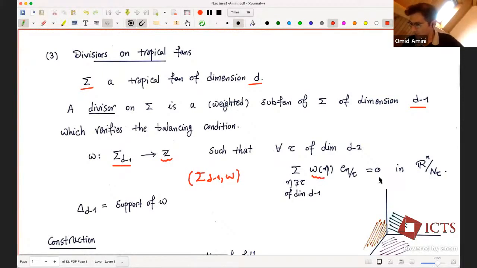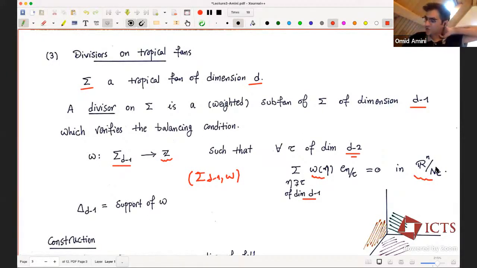So it tells you that every time you take a face, a cone of dimension d minus 2, because this has dimension d minus 1, so you have to take a face of codimension 1, so it has dimension d minus 2 in the original fan. Then if you look at all the cones you see around this cone, which have dimension d minus 1, and you make this weighted sum, you get 0 inside Rn divided by n2.